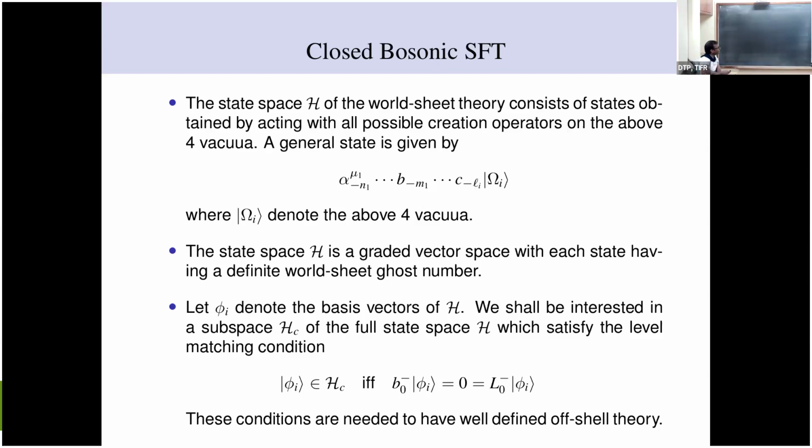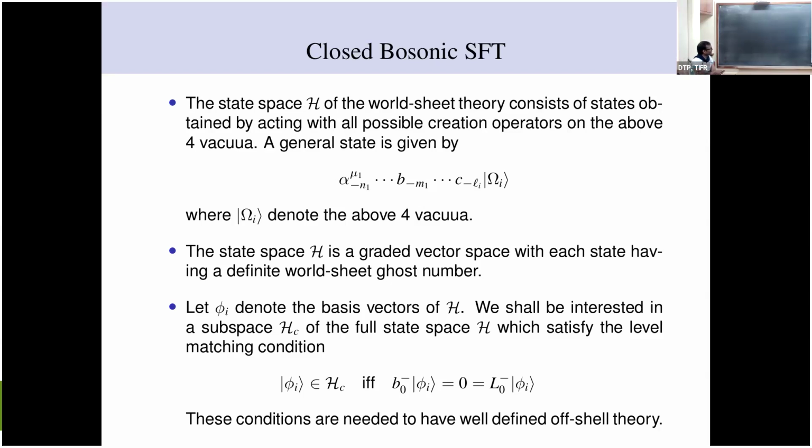Now the state space of this worldsheet theory consists of states which are obtained by acting with all possible creation operators on these 4 vacua. So a general state present in the spectrum takes this form. You act with an arbitrary number of creation modes, which are α^μ_{-m}, b_{-m}, and c_{-m}, and Ω_i could be any of these vacua.